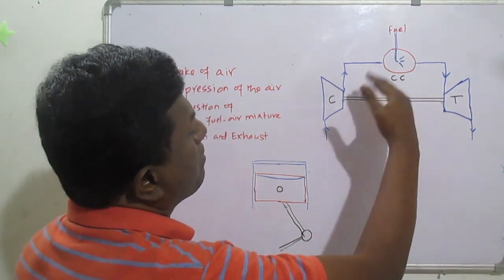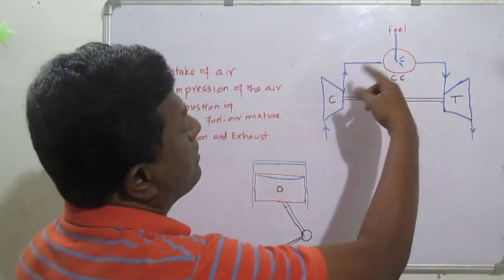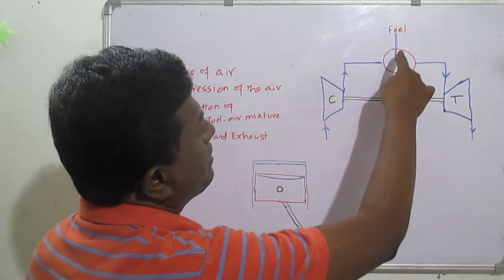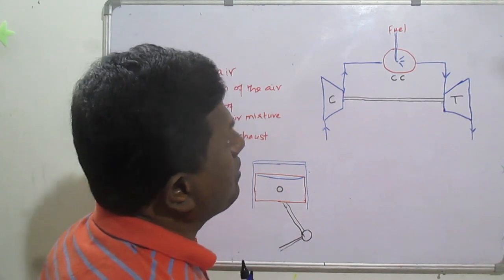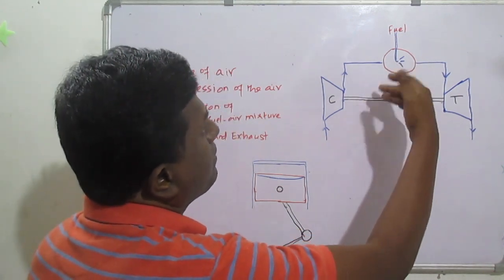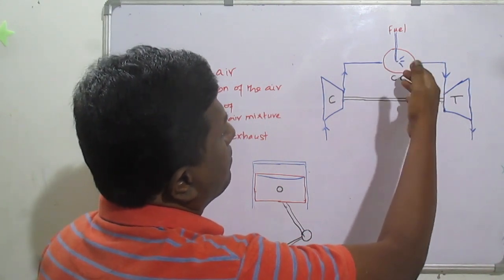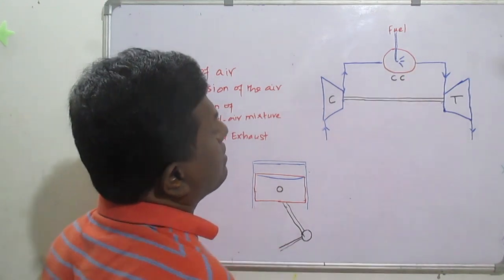If the pressure keeps increasing because of the combustion, then at some point of time the combustion needs to be stopped. That is not happening in the gas turbine engine.